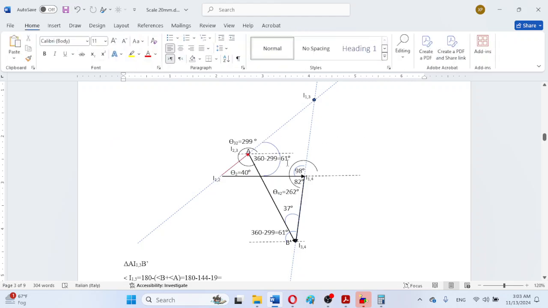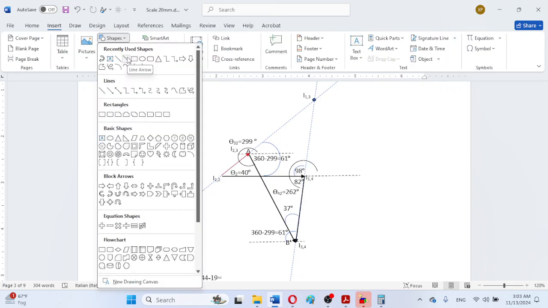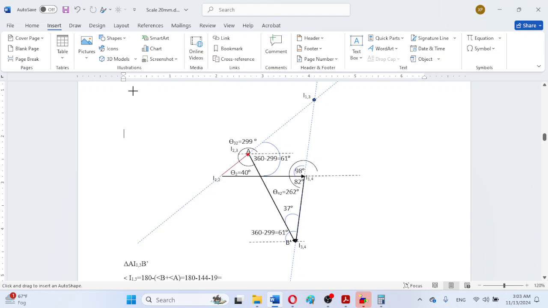So that angle will be shown with the help of this arrow, for example like this.